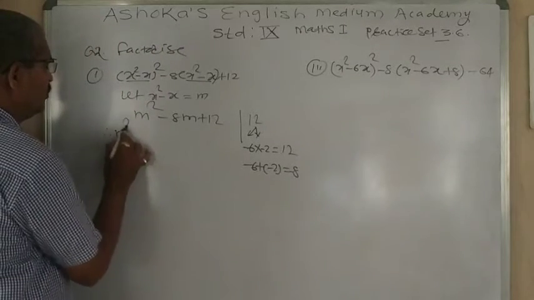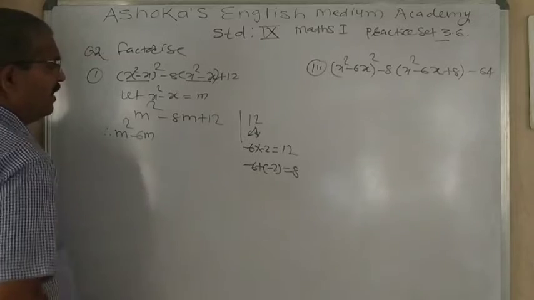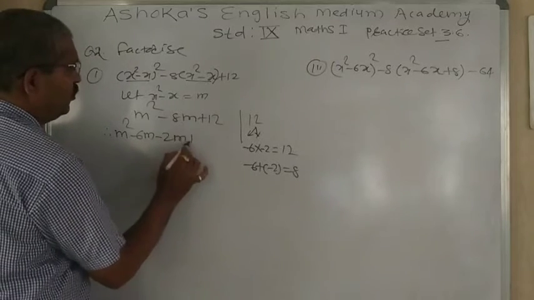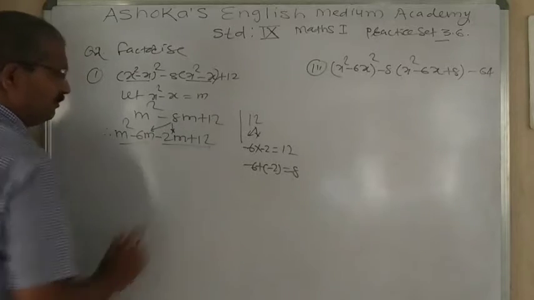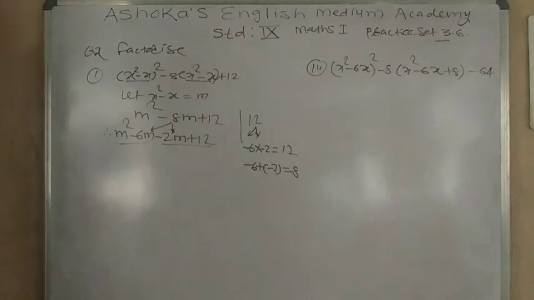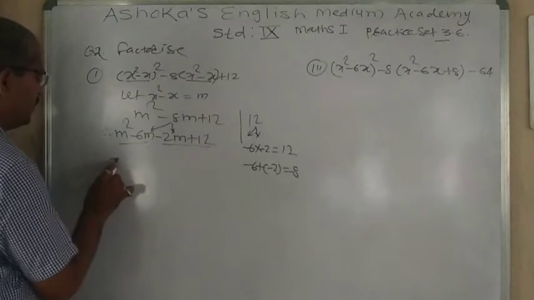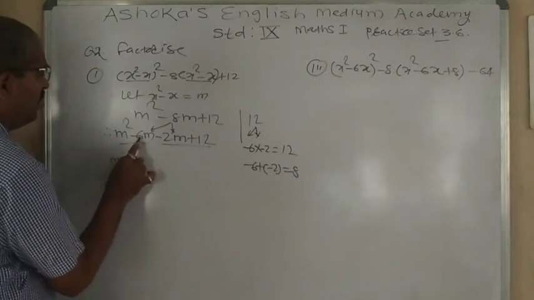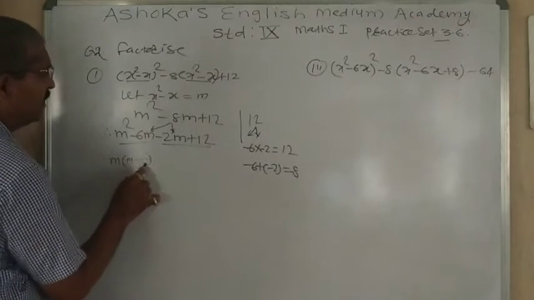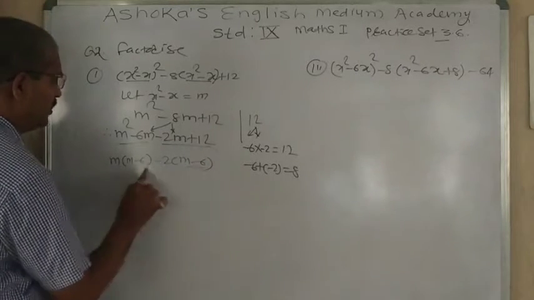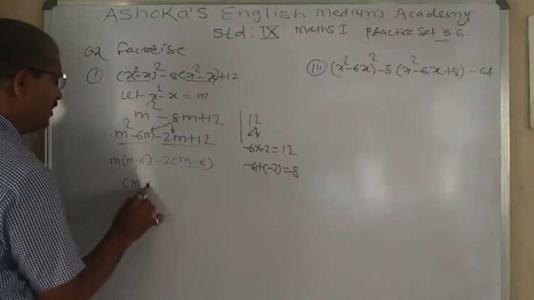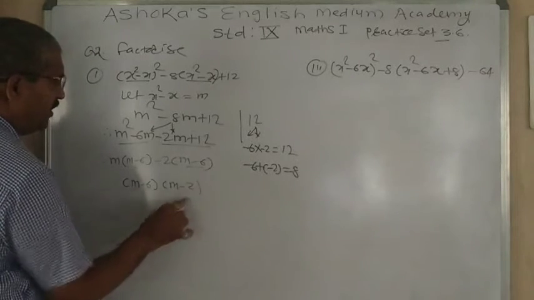Therefore, m square minus 6m minus 2m plus 12. Is it clear? What to do now? m square minus 6m means m into m minus 6. From this, minus 2 is taken common, m minus 6. Now m minus 6 and m minus 2.